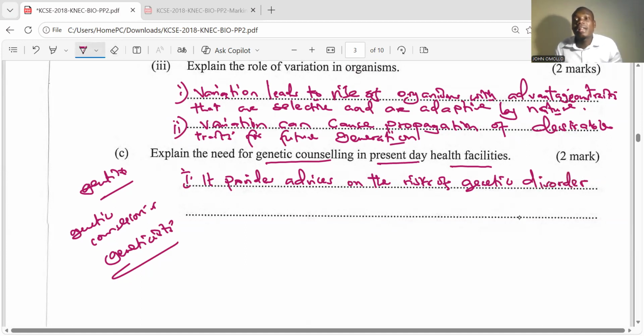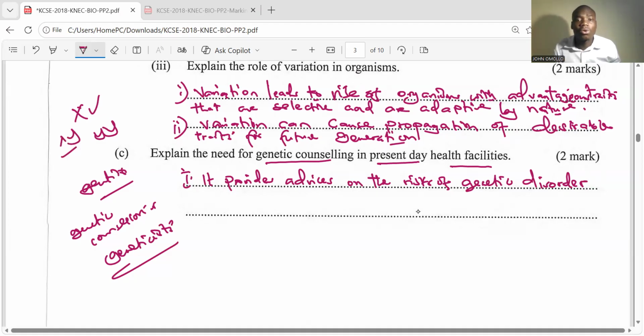Genetic disorder means the genes are not in order. Like I was talking about a lady lacking the X chromosome or having one X chromosome, a man having YY chromosome, or a lady having XY chromosome. That is the genetic disorder I'm talking about.